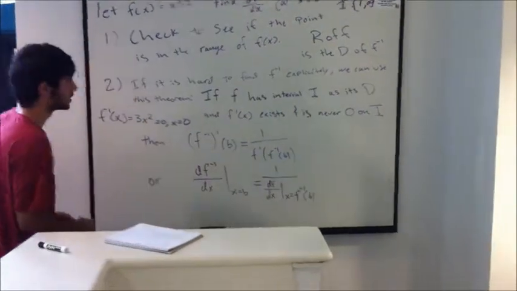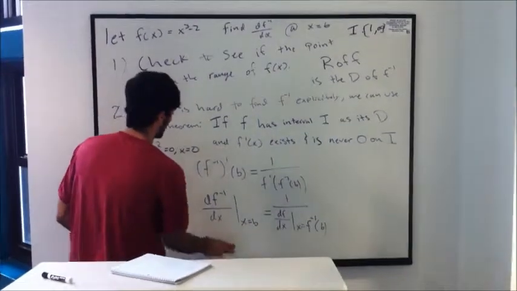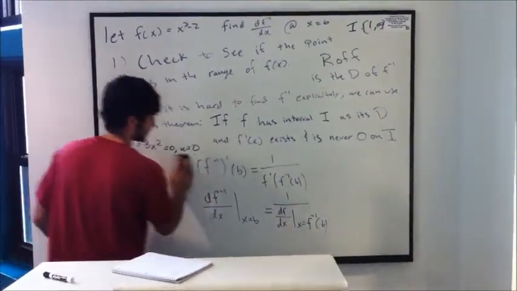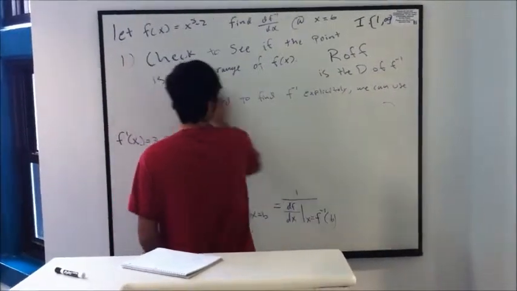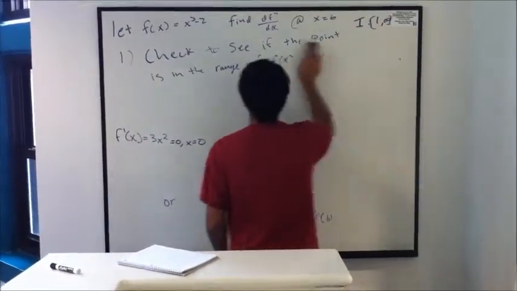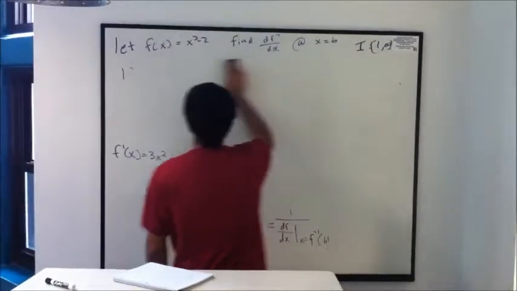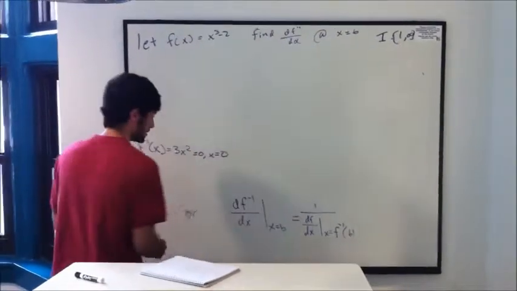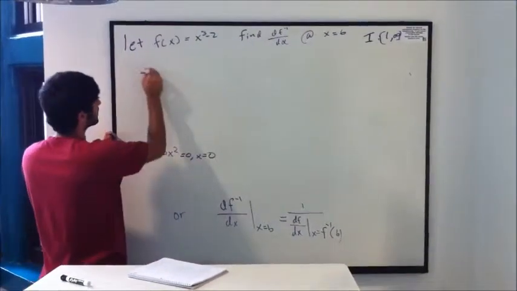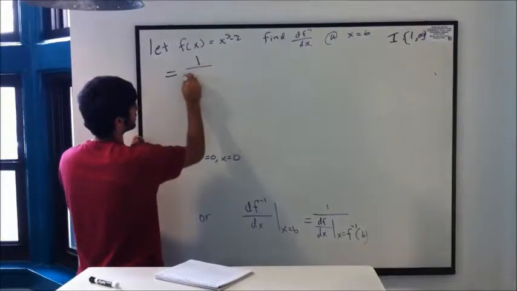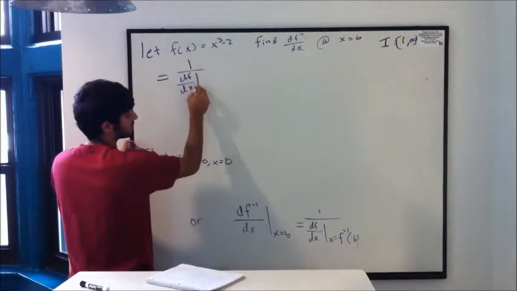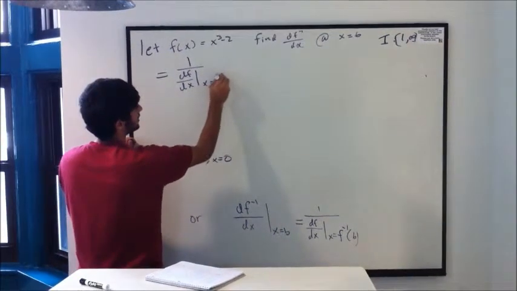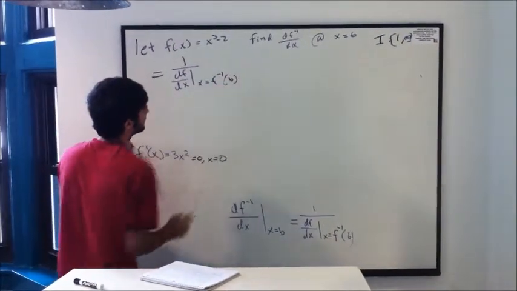Okay? So I'm going to go ahead and erase this. Okay, so I'm going to rewrite this up here. So that equals 1 over df over dx at x equals the f inverse of b.